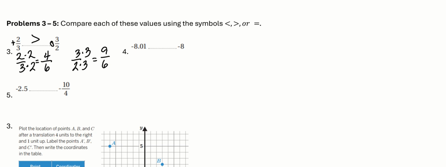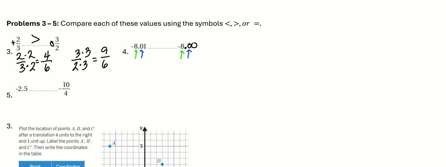So for number 4, we have a number with a decimal. We have a number without a decimal. So the way to compare them is to make sure that they have the same decimal places. And then we compare each number. So the first number is the same. So we could not decide which one was greater than or less than. This second number is also the same.